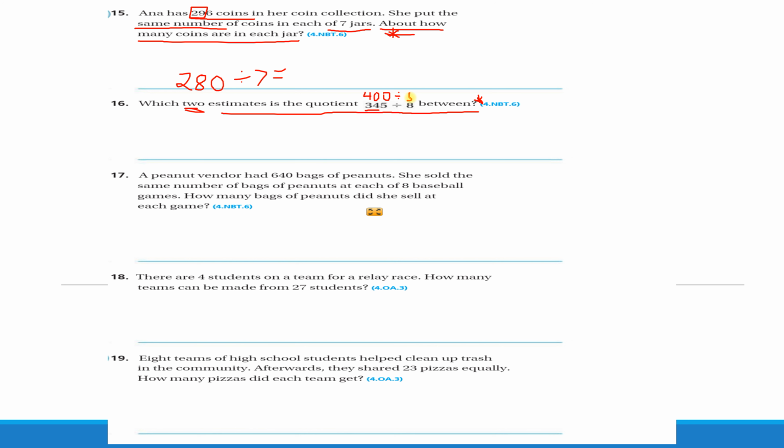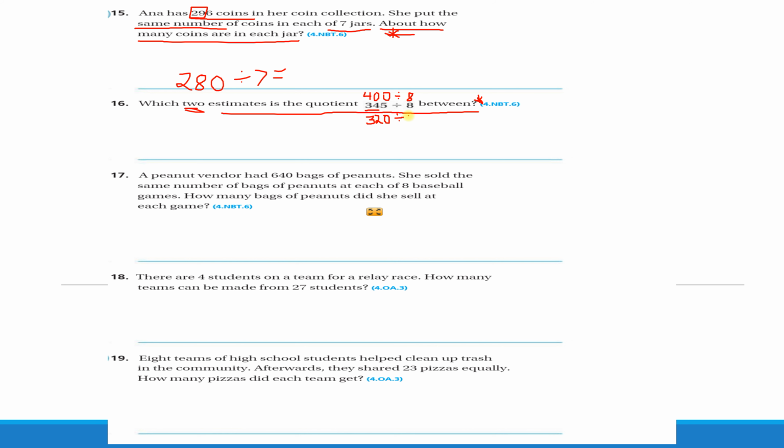divided by 8. And then for my low estimate, what's a number close to 34, but that is smaller than 34 that 8 will go into evenly? Well, again, I count by my 8s. I don't want to go past 34 this time. 8, 16, 24, 32. So I make that 34 a 32, add my 0 placeholder.